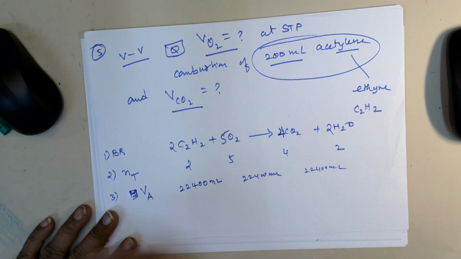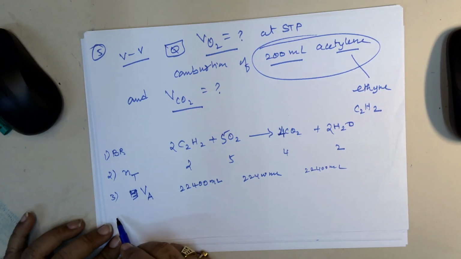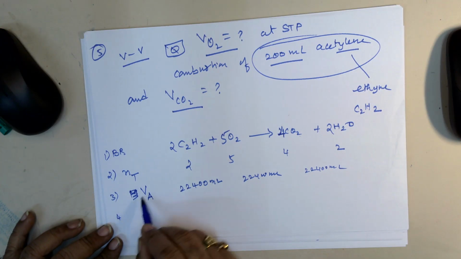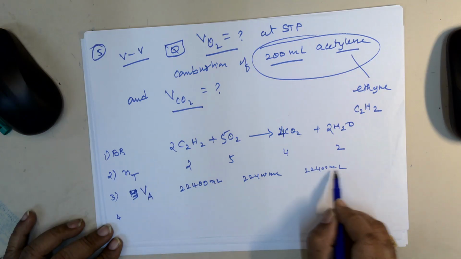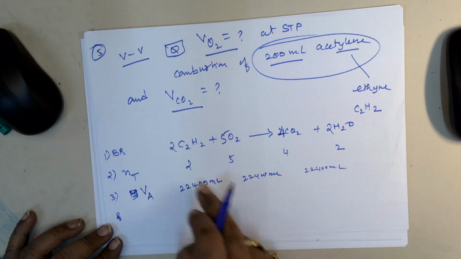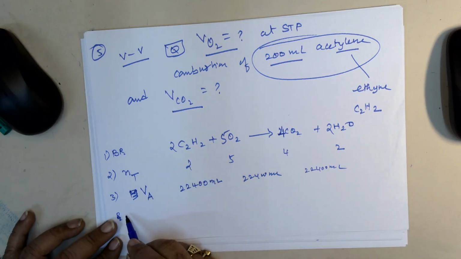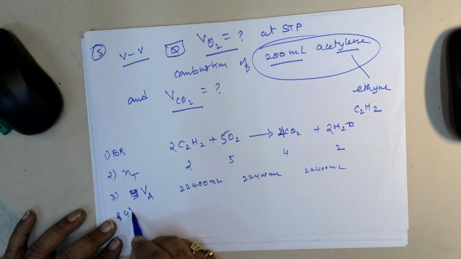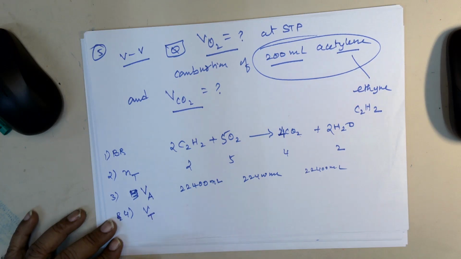Now listen to me very carefully. These are all the Avogadro's volumes, right? And what could be the theoretical volume here? We can put theoretical VT.